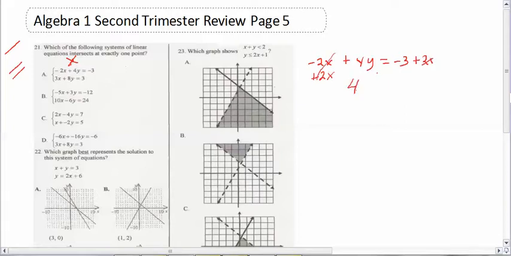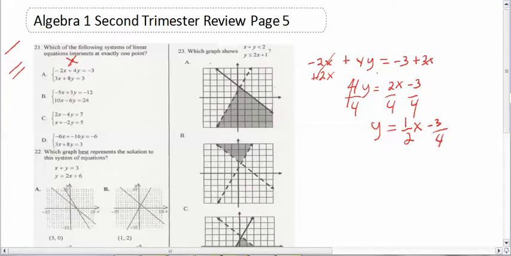I now have 4y, and I have 2x minus 3. Divide by 4, divide by 4, divide by 4. So now I have y is equal to 2 over 4, which is 1/2 x minus 3 over 4. Okay, so that's the first one.